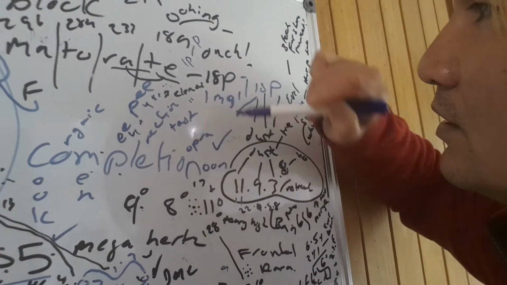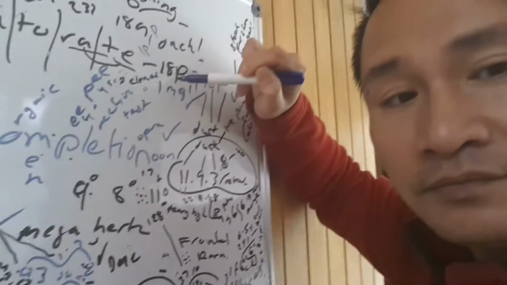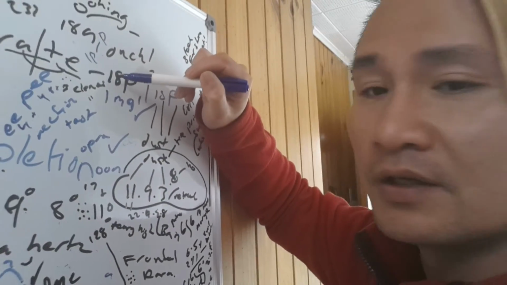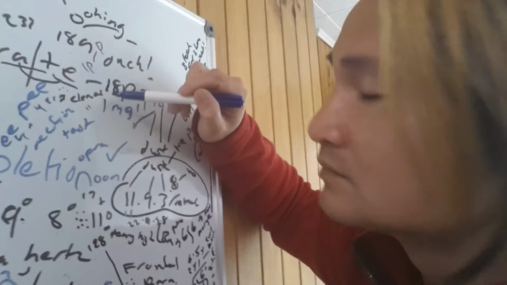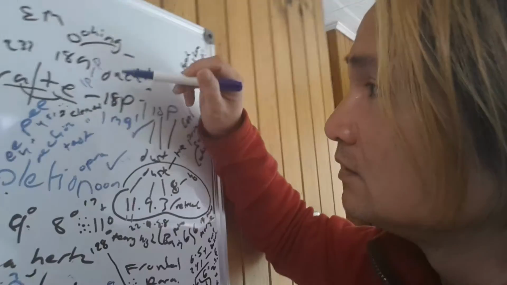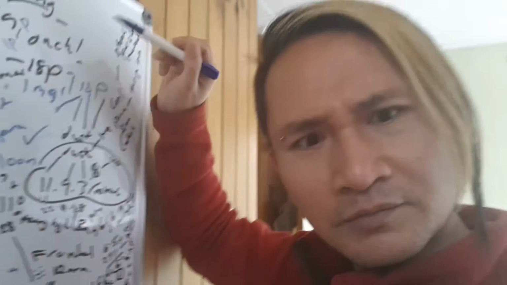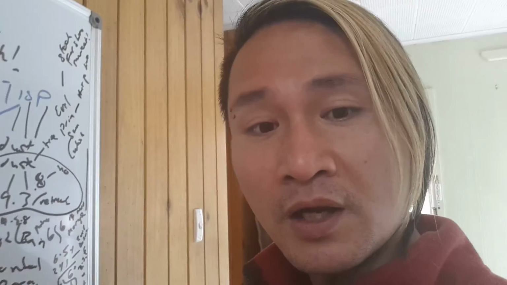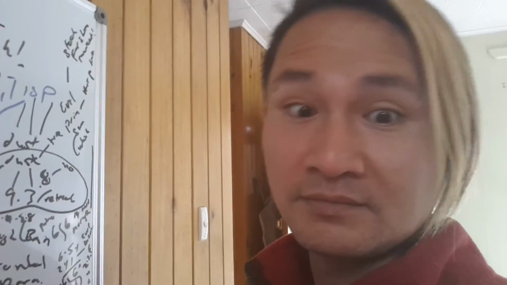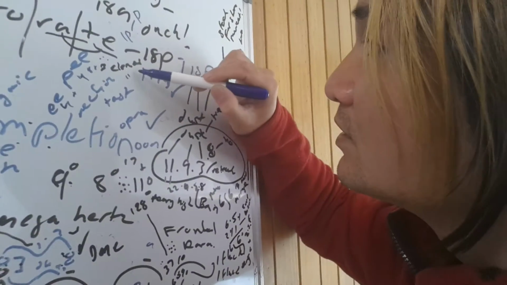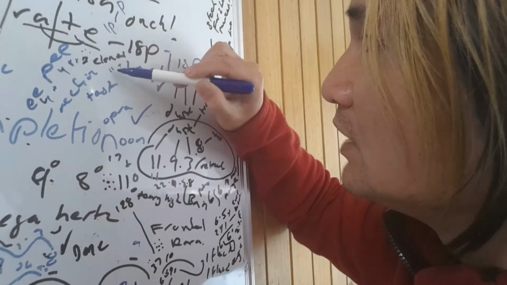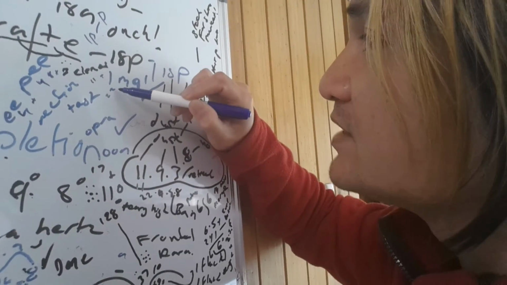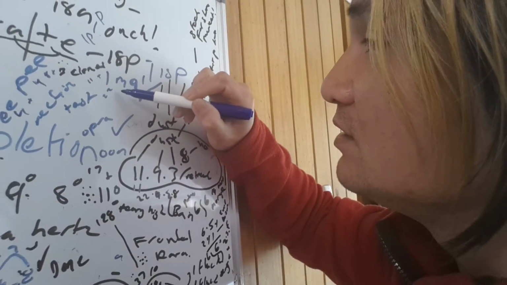This one, I. The letter I. What does that sound like? I and the letter I is 22. 11 plus 11 equals 22. 22 MG.